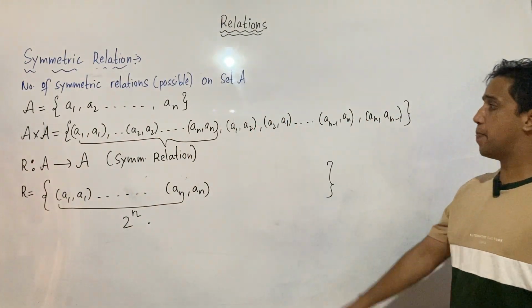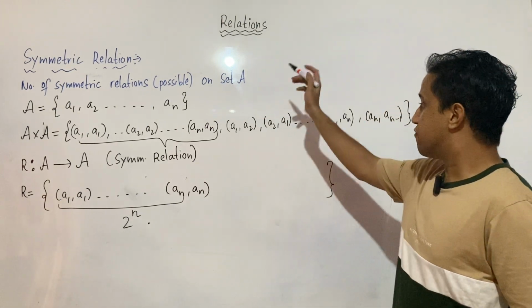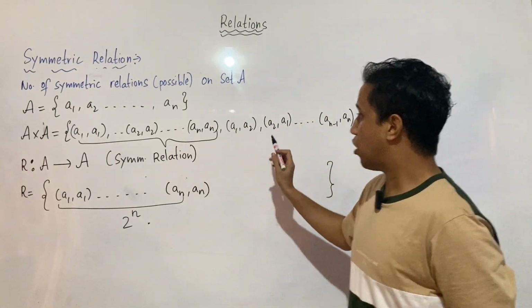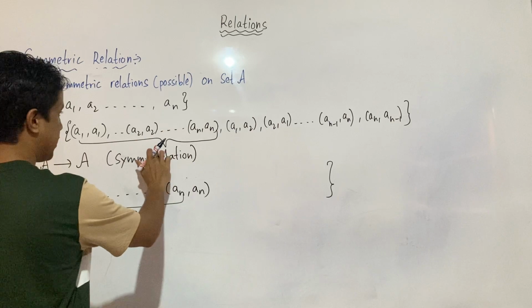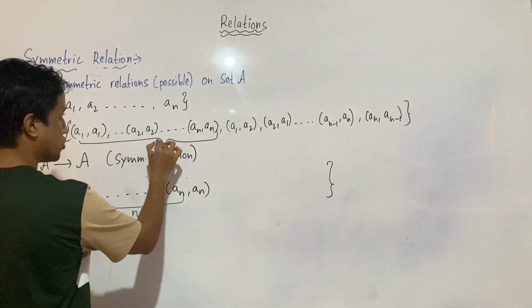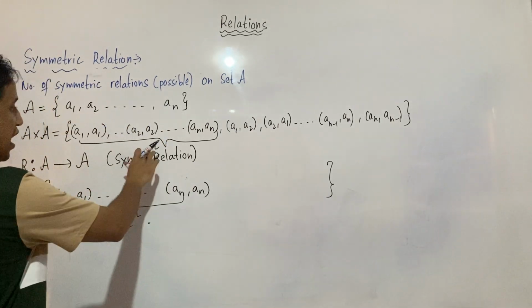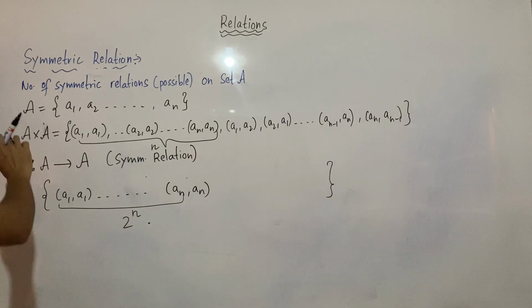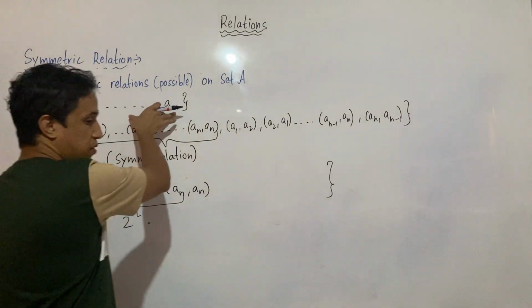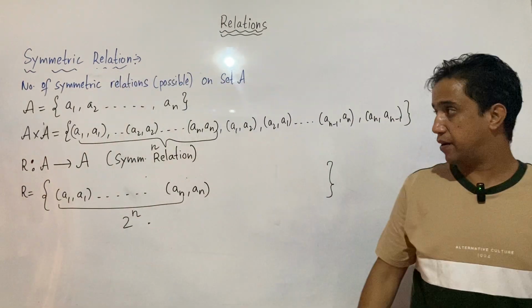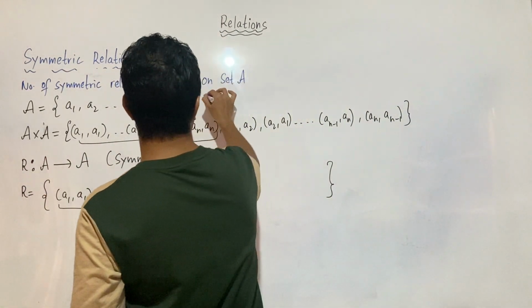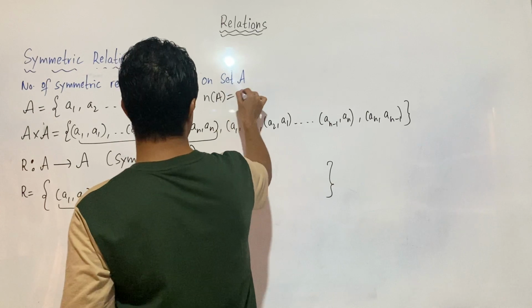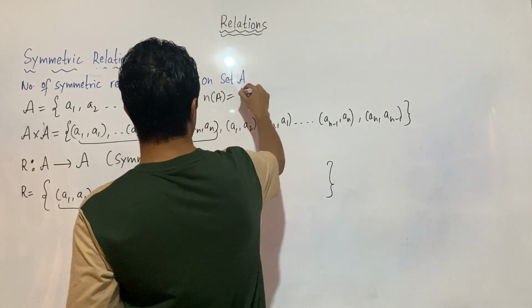Now see here, I have n terms and n elements, right? Sorry, I forgot to tell you, A represents the set of n elements. So n of A, the number of elements in A, is going to be n.